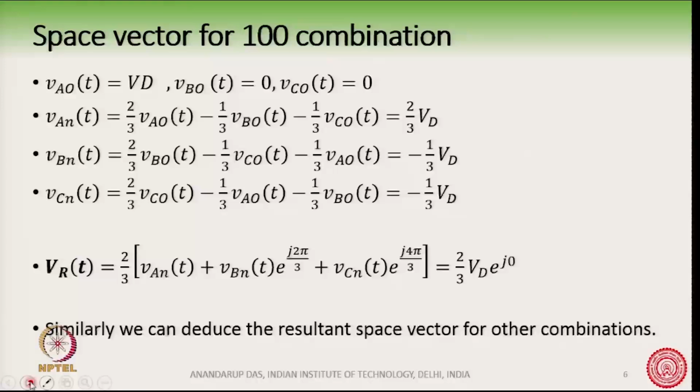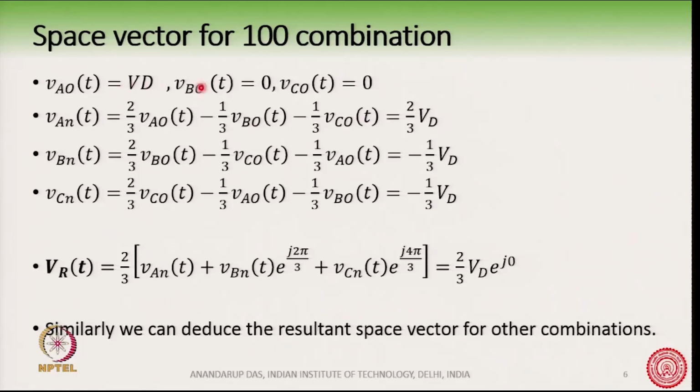So, when I say 1 0 0, it means A phase is 1, that means VD, as written here, and B and C are both 0. Now, in one of the previous classes we derived that VAN is 2/3 VAO minus 1/3 VBO minus 1/3 VCO.